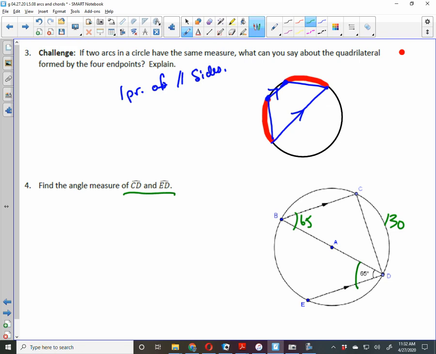That's interesting. So we know that we have a diameter here, right? And we know that these two arcs have to cut off the same amount, 130. So we know 180 minus 130 has got to be 50 degrees. So we end up with 130 and 50 degrees.